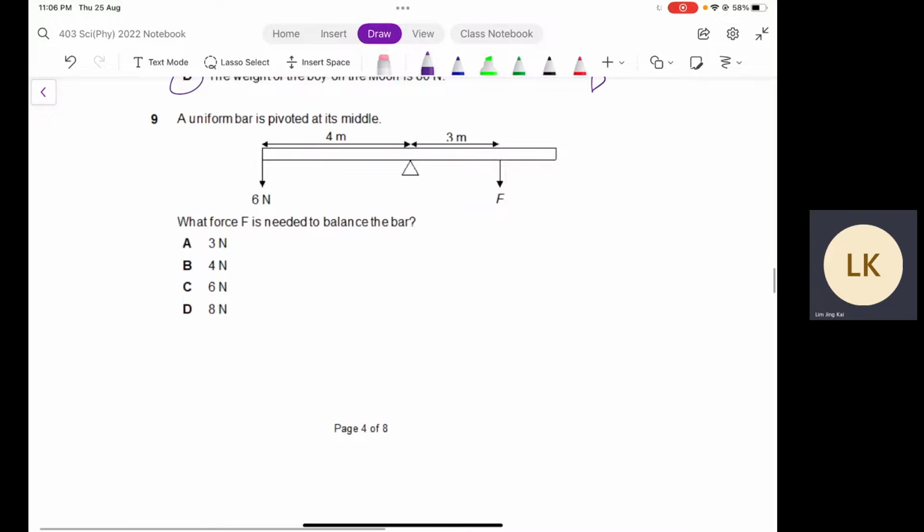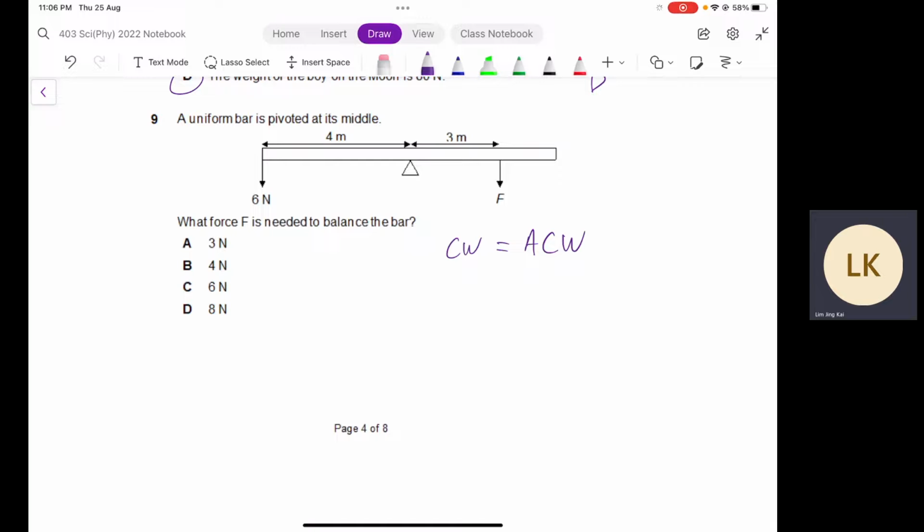Question 9. The uniform bar is pivoted at the middle. What force F is needed to balance the bar? If you remember this particular chapter, we are talking about the principle of moments, which means the clockwise moment must be equal to the anti-clockwise moment.